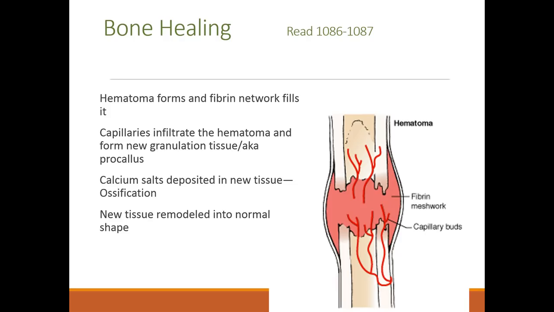So the granulation tissue forms, and we have these fibroblasts that grow, they invade that hematoma, and they produce this soft callus bridge. So you have this new bone that's starting to form, but it's very soft and pliable. It's a fibrous, cartilaginous type of substance. It connects those broken fragments together.